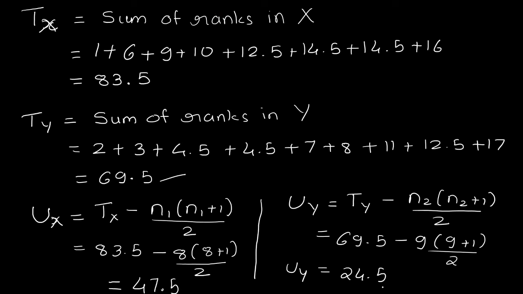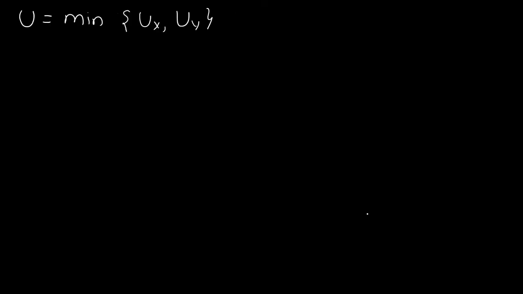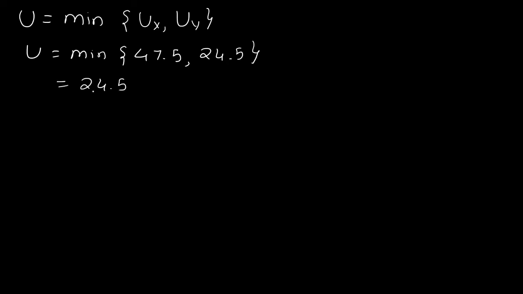Which one is the smallest number? 24.5 is the smallest, that is Uy is the smallest number. So U is your minimum of 47.5 comma 24.5, and that comes out to be 24.5. So your U value is 24.5.